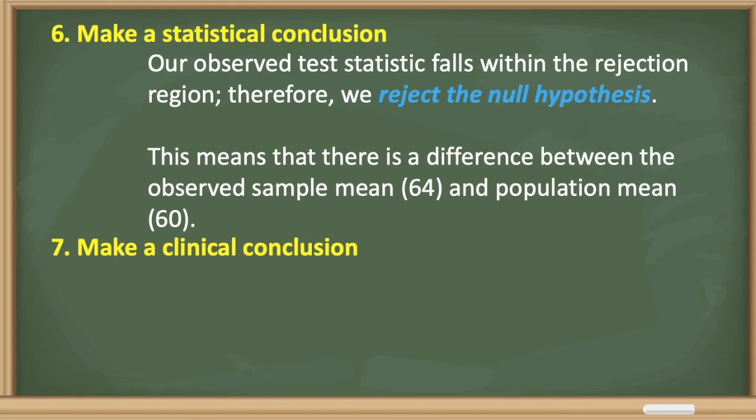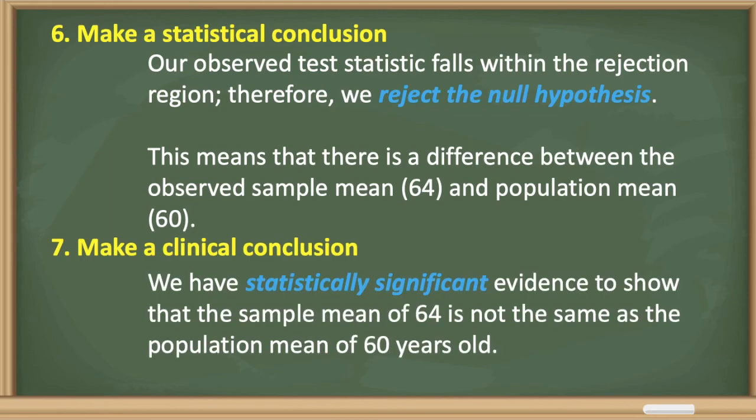So here's what we'll say for our step 7, which is to make a clinical conclusion. We're going to say that we have statistically significant evidence to show that the sample mean of 64 is not the same as the population mean of 60 years old. Let's talk about this for just a second.